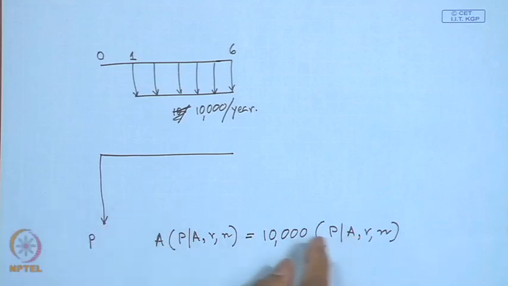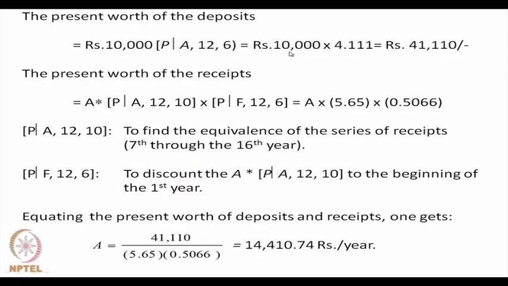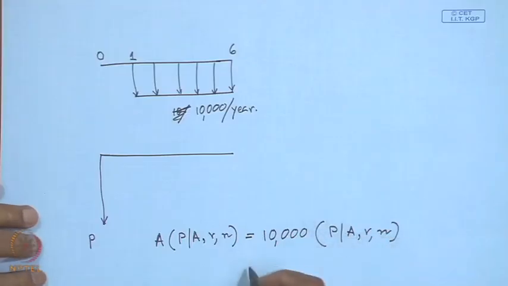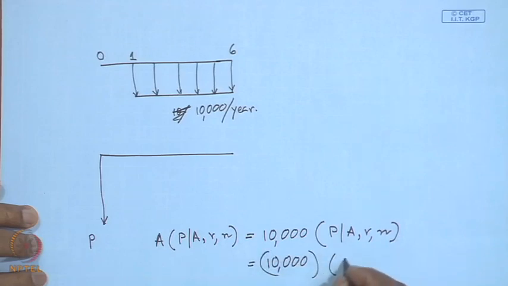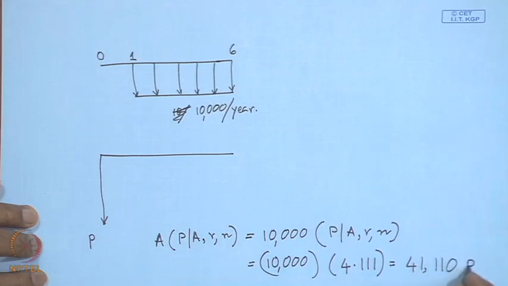So, we go to the 12% interest table and find out the value. The value of this is 4.111. Therefore, the present worth of this payment is equal to 41,110 rupees.